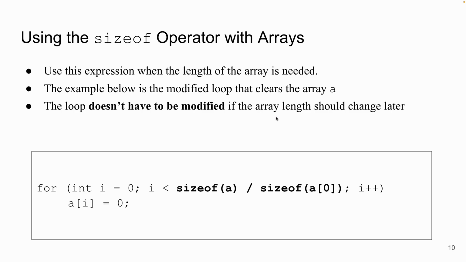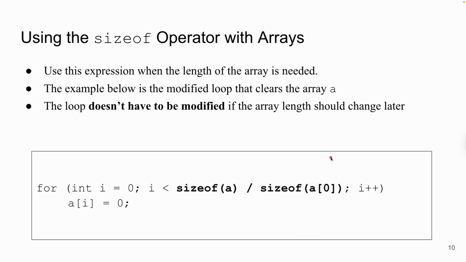And this expression, size of A divided by size of A0, is very useful in the for loop. This example shows how we can modify the for loop we showed in the last lesson. We use it to clear array A by assigning 0 to each element of array A. You can see, instead of writing down 10 here directly, we can just write down this expression.